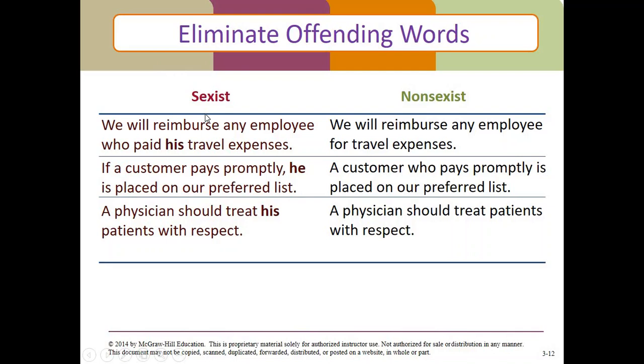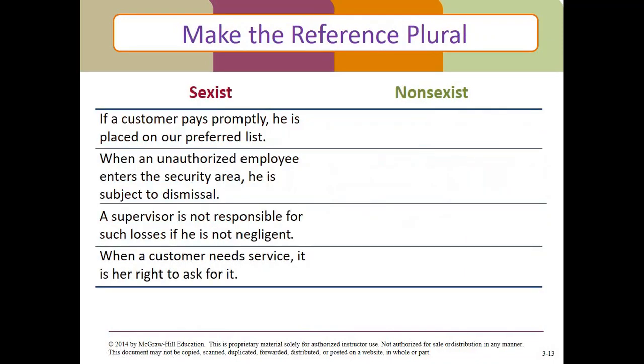There is one more way, and it can be gender neutral. So if you write his, you can also say his or her, he or she. If you use both, it will also be gender neutral. You can also use plural instead of singular if you want to make a gender neutral sentence. So if you look at the first example, if a customer pays promptly, he is placed on our preferred list.